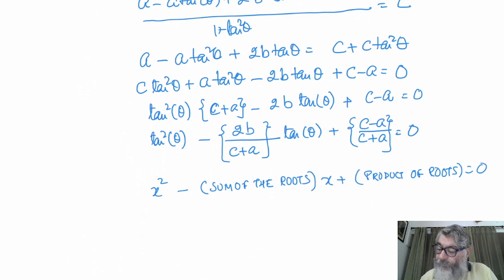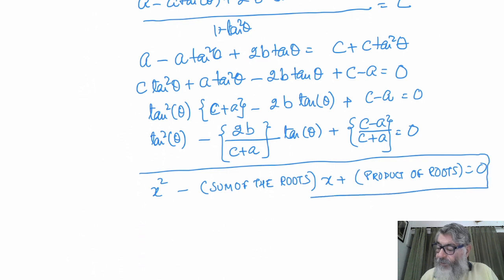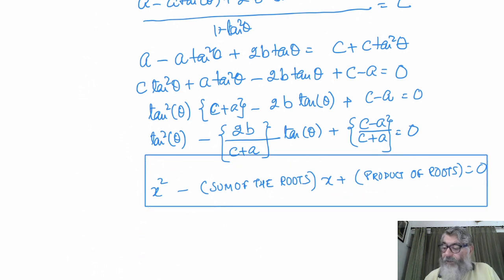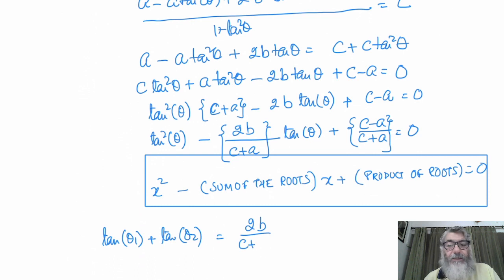Now here the roots are tan theta 1 and tan theta 2. It is a quadratic equation in terms of tan theta. So tan theta 1 plus tan theta 2 will be equal to 2b upon c plus a, because along with tan theta the coefficient is the sum of the roots, and the roots were tan theta 1 and tan theta 2.